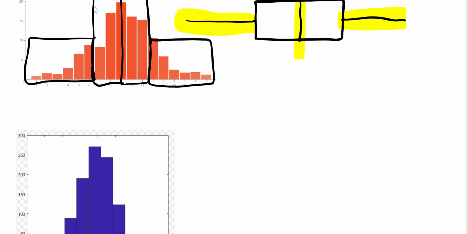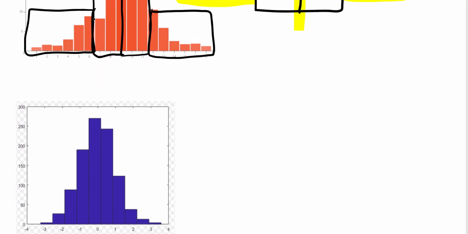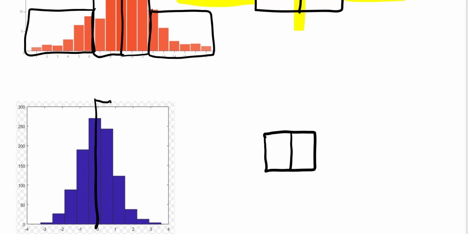Okay, that's cool. What about the next one? Well, it's kind of similar to that top one, except it's kind of squished together. So this box is going to be a smaller box, not as wide. Certainly in the middle, because it's about in the middle. Once again, this is 25% of the data here, and 25% here, and 25% here.